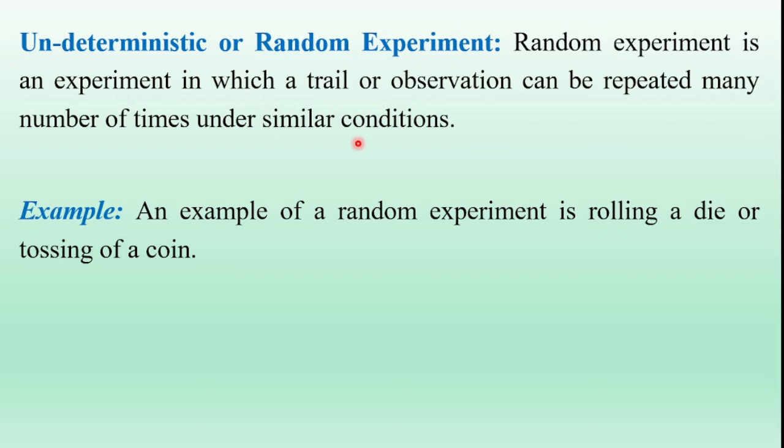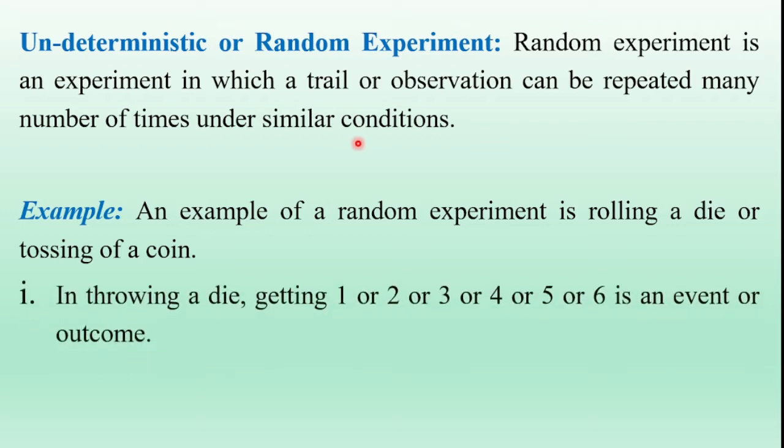Examples of a random experiment are rolling a die or tossing a coin. In throwing a die, the possible outcomes of the experiment are 1 or 2 or 3 or 4 or 5 or 6. That is the outcome of the experiment.